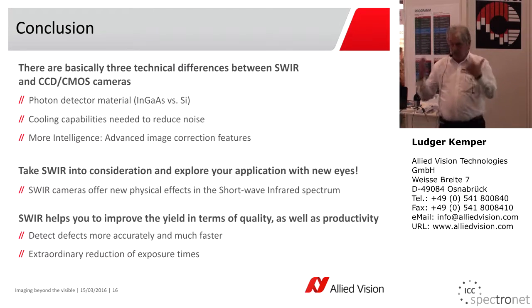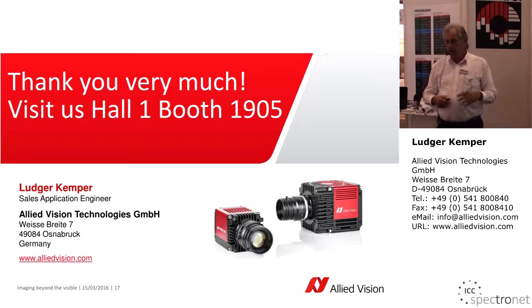That's totally different. So that is what I wanted to show you, only in short, an overview to give you some ideas of what one can do with SWIR technology.